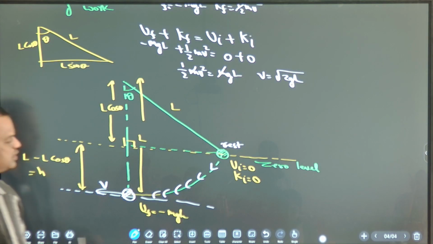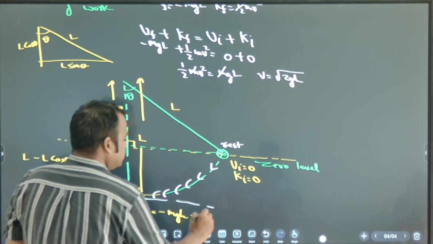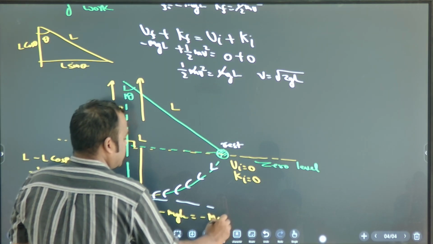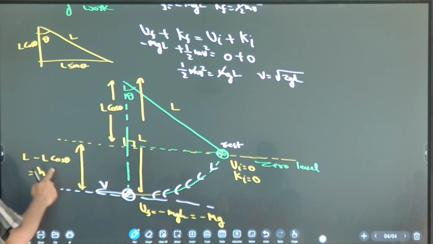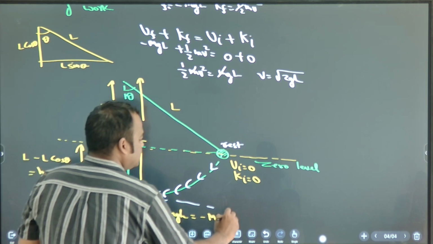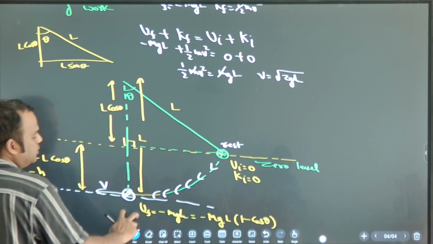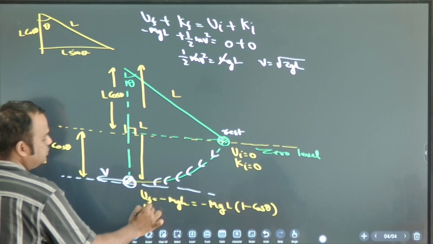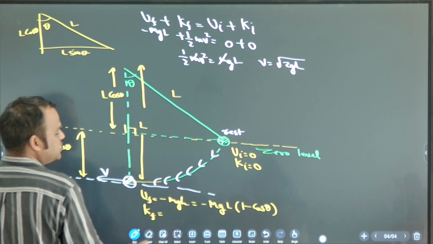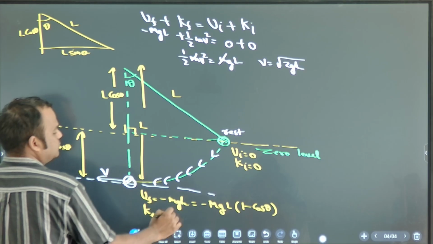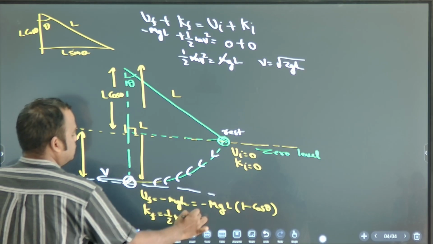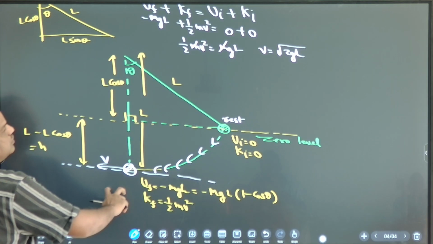L minus L cos theta. So the final potential energy is minus mgL common 1 minus cos theta. And the final kinetic energy is half mv square.